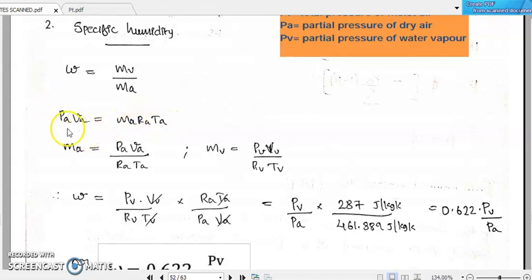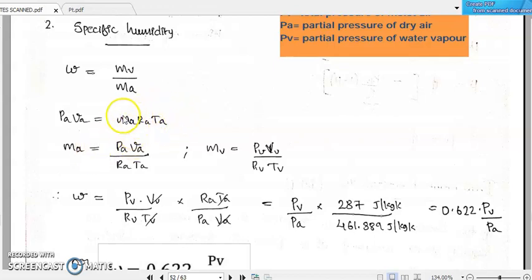Here Pa is the partial pressure of dry air, Va is the volume occupied by that dry air, ma is the mass of that dry air, for example 1 kilogram, Ra is the characteristic gas constant of dry air, and Ta is the temperature at which the dry air is present.